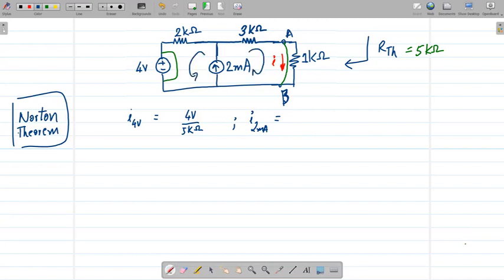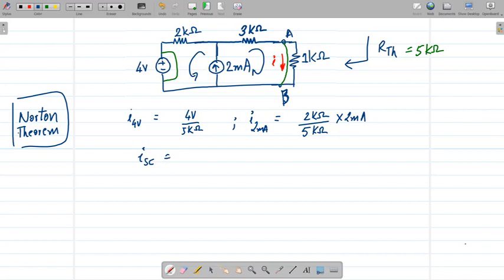So these are two parallel paths, and the current flowing through the short circuit terminal is 2 kilo ohms by 2 plus 3, 5 kilo ohms into 2 milliamperes. Okay, so what's the total current? 8 by 5 milliamperes, right? So I short circuit, let's call it ISC.